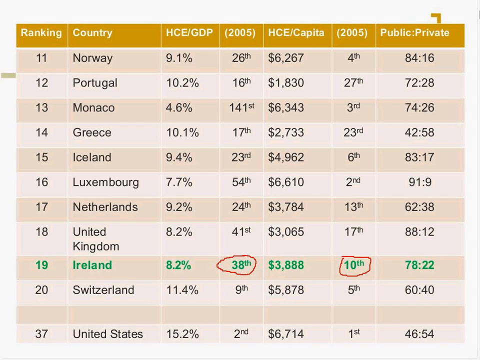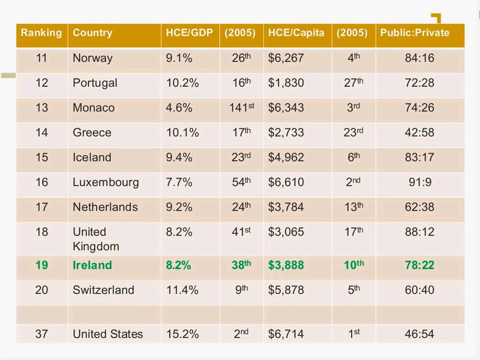We're among the highest spenders per capita, but not getting the value. There are countries who spend more than us on a per capita basis, but 18 countries who are better than us on health outcomes. In this case, you can see the rough percentage I spoke about, 78-22. Most of the money is coming from the public purse rather than from private sources.